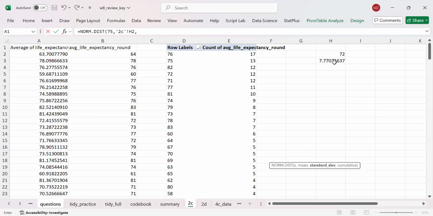Similarly, the next input is your standard deviation. Then we say we want the cumulative function, right?